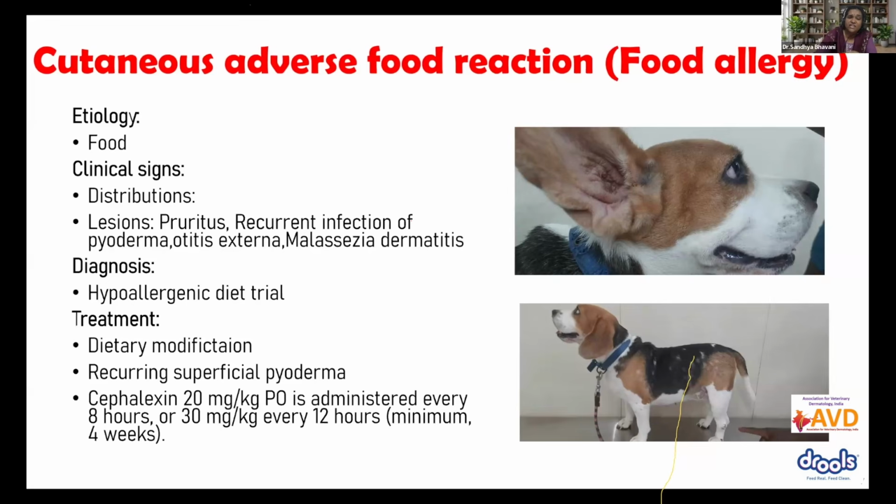So the treatment is mainly dietary modification, whether homemade or a commercial diet like a hypoallergenic diet. For recurring superficial pyoderma, you have to go for ABST, then give antimicrobial therapy along with your supplements, shampoos and skin strengthening supplements like omega fatty acids. You have to go for all these treatments.